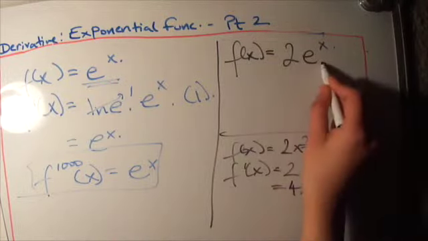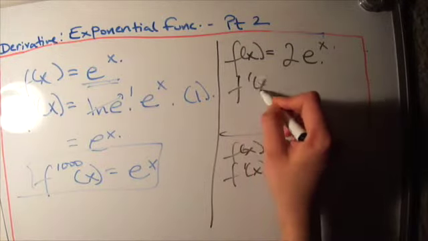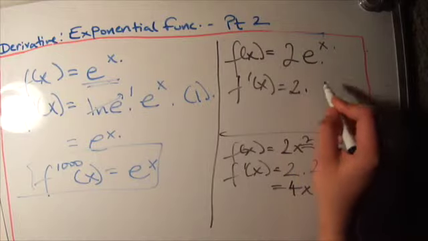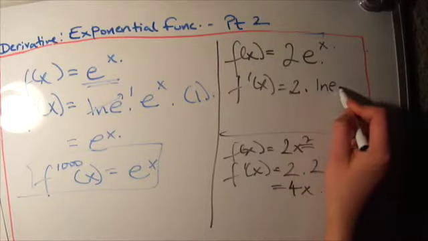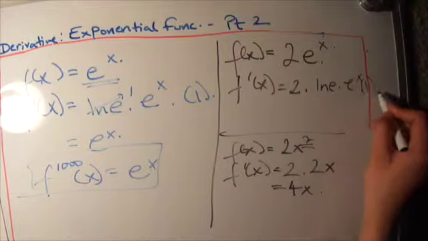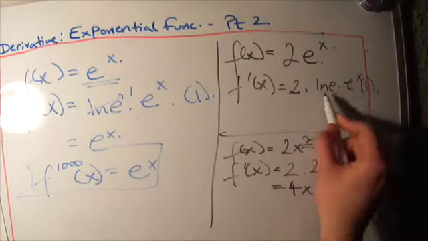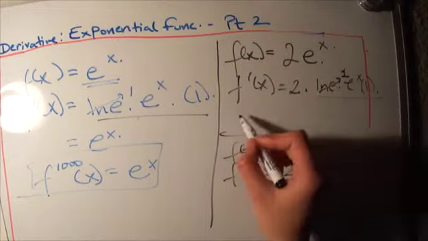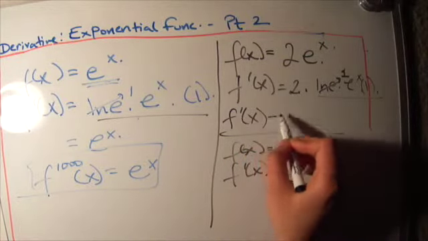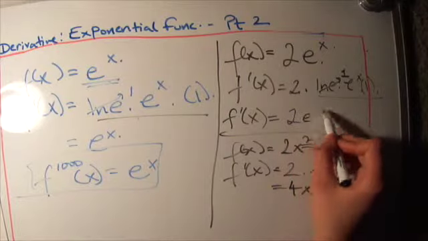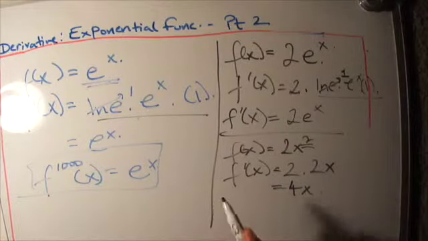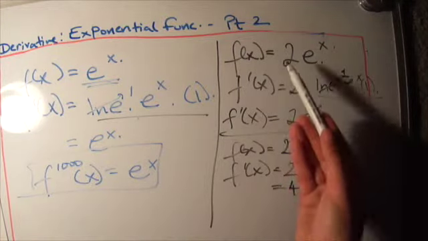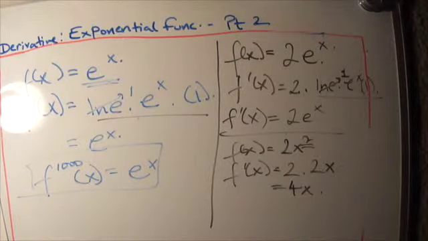For this question too, the derivative will be 2 as it is times ln of e, times e to the x times 1, just like what we did here. This is exactly the same as this. This cancels out to be 1. So now you have the derivative equal to 2e to the x. The only difference between the derivative of this and that is that you have a 2, because in your initial expression you had a 2.